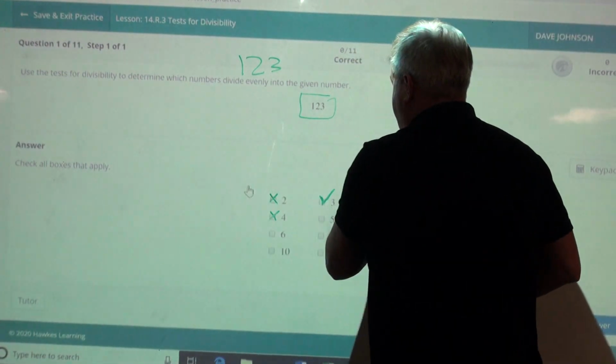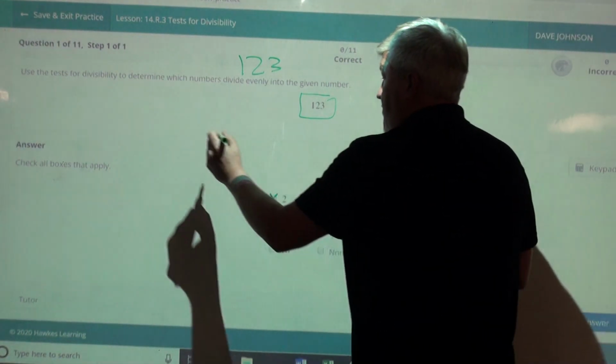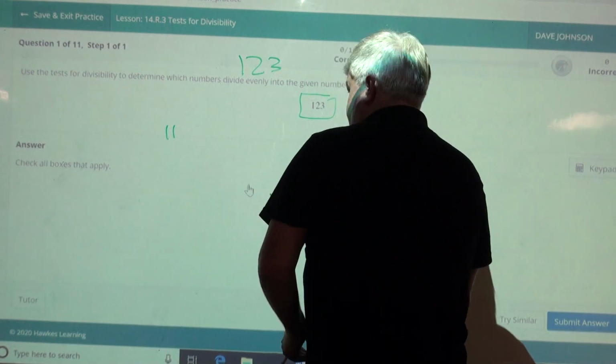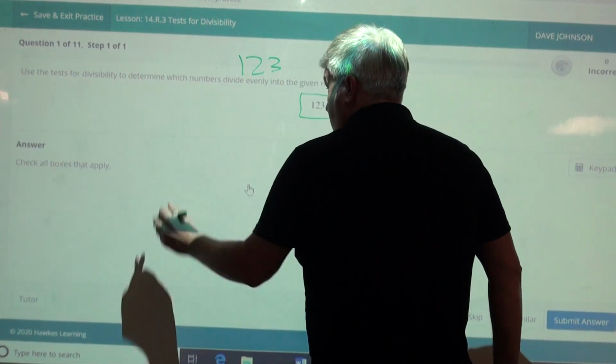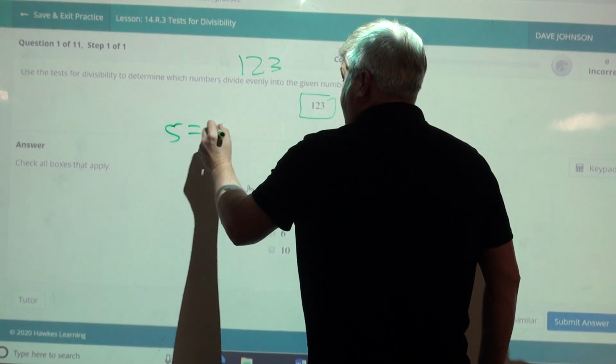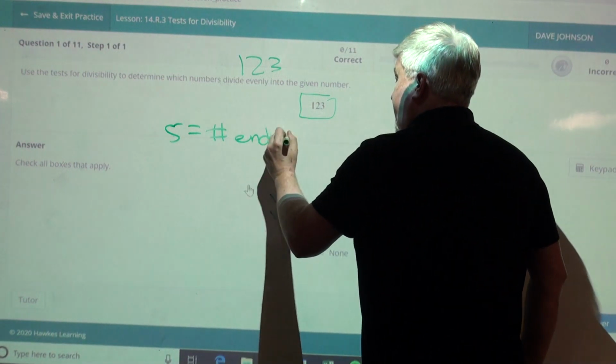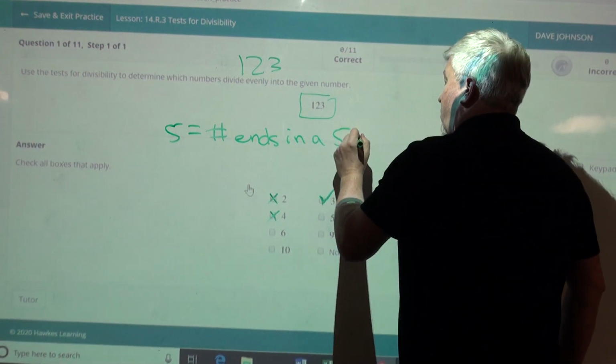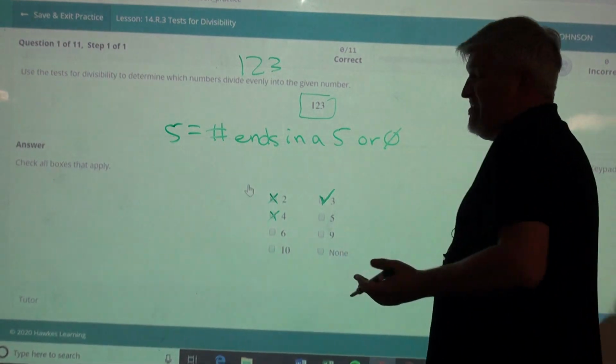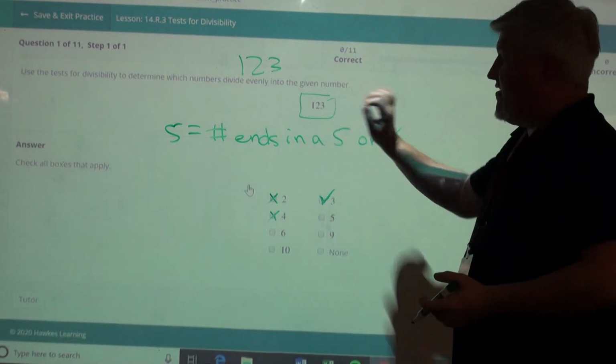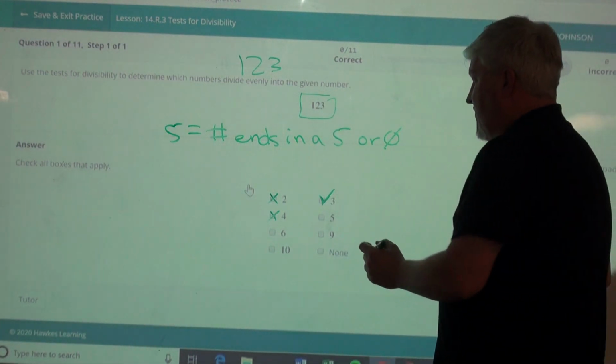Number 5, very easy. If the number ends in a 5 or 0, that's it. 123 obviously doesn't end in either one of those. It is not divisible by 5.